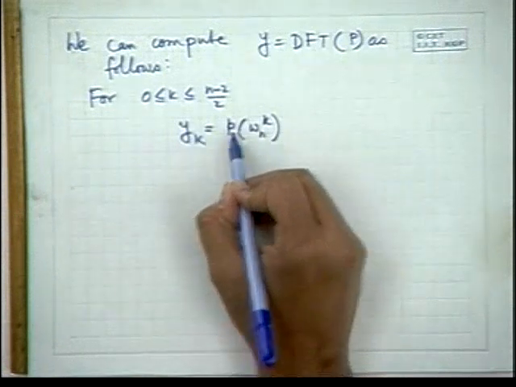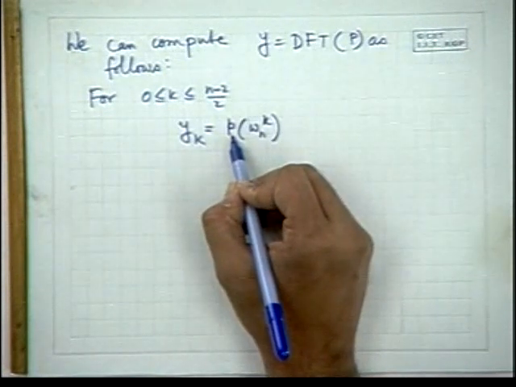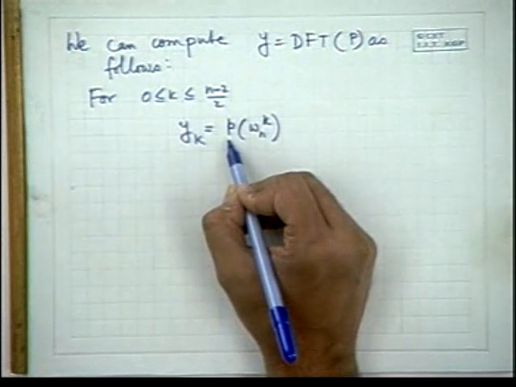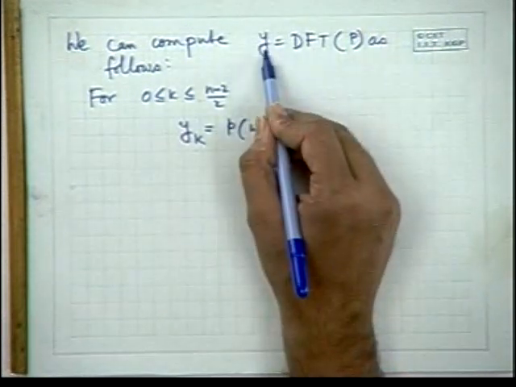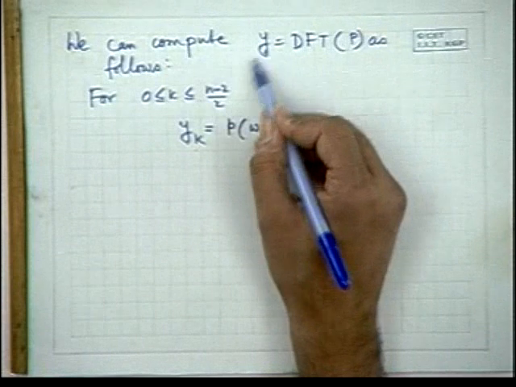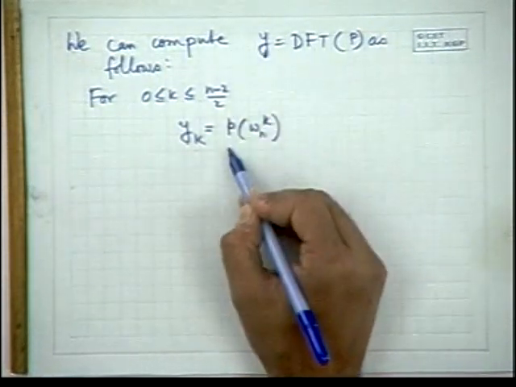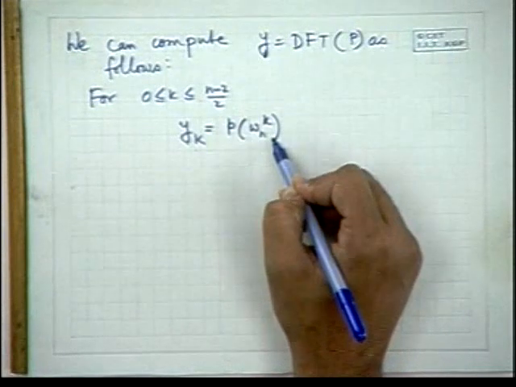If you put w_n^k in the polynomial P(x), that is the yk of this y, the kth element of this vector y. So this is the definition, P of w_n^k.